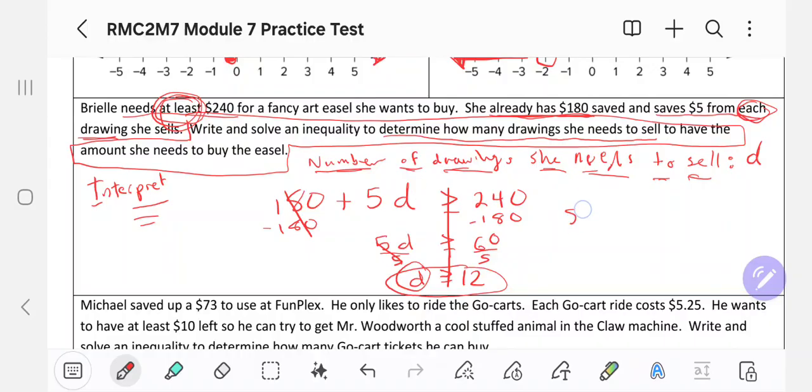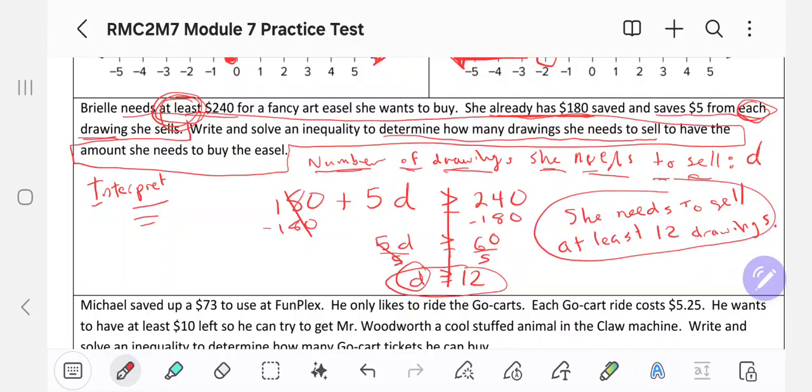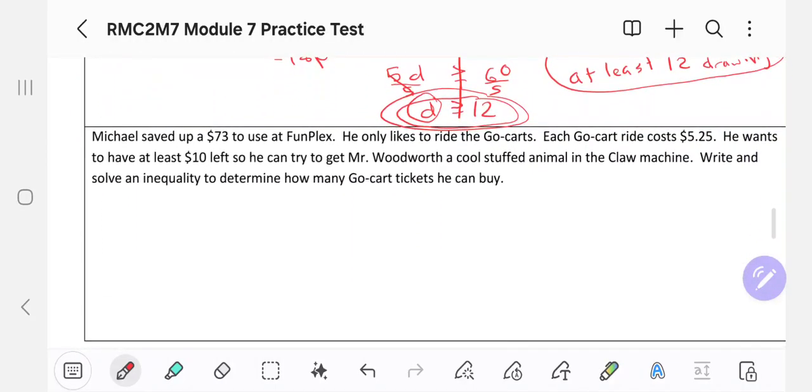So she needs to sell at least 12 drawings to be able to have enough money to get the fancy easel. All right. So there we go. There's our answer. Hopefully you figured that one out.